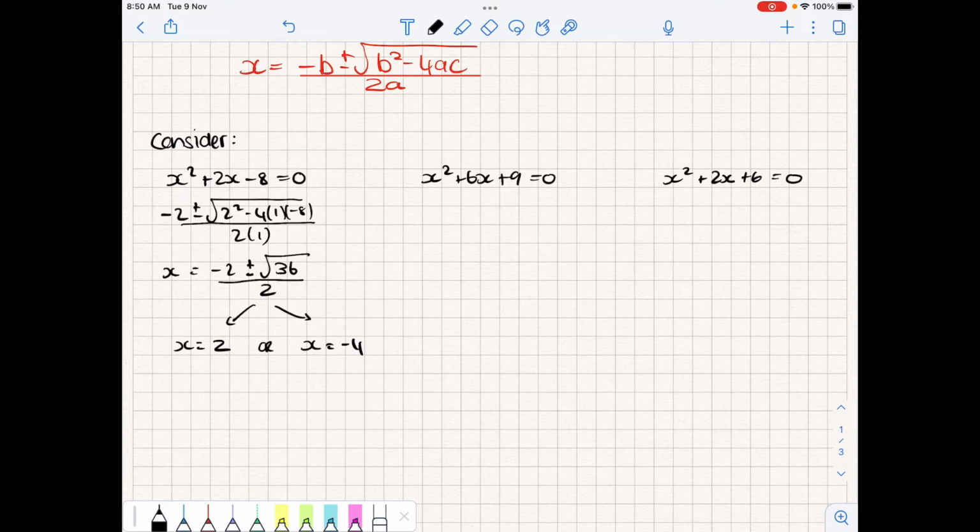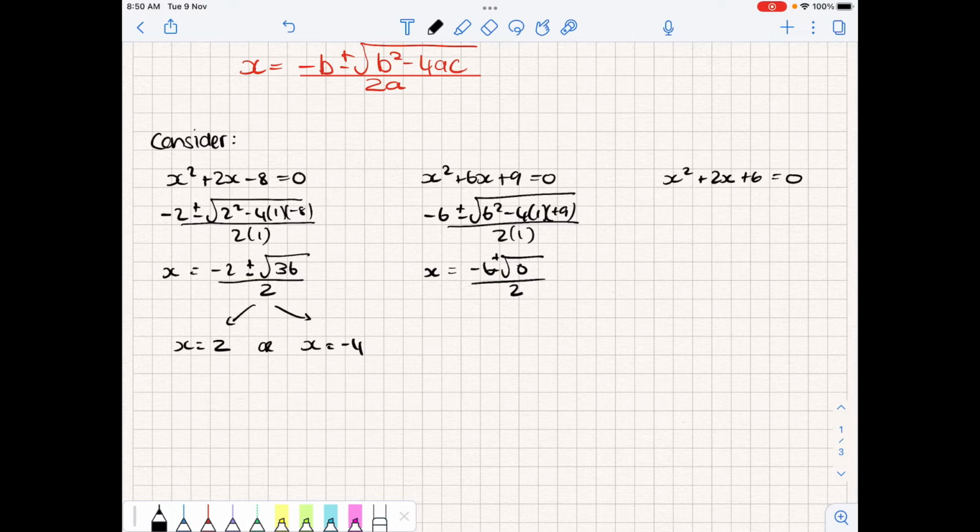The next one will have minus 6 this time, plus or minus the square root of 6 squared minus 4 times 1 times plus 9, all over 2. We'll get x can be equal to minus 6 plus or minus, and we have 36 minus 36, so the square root of 0, divided by 2.